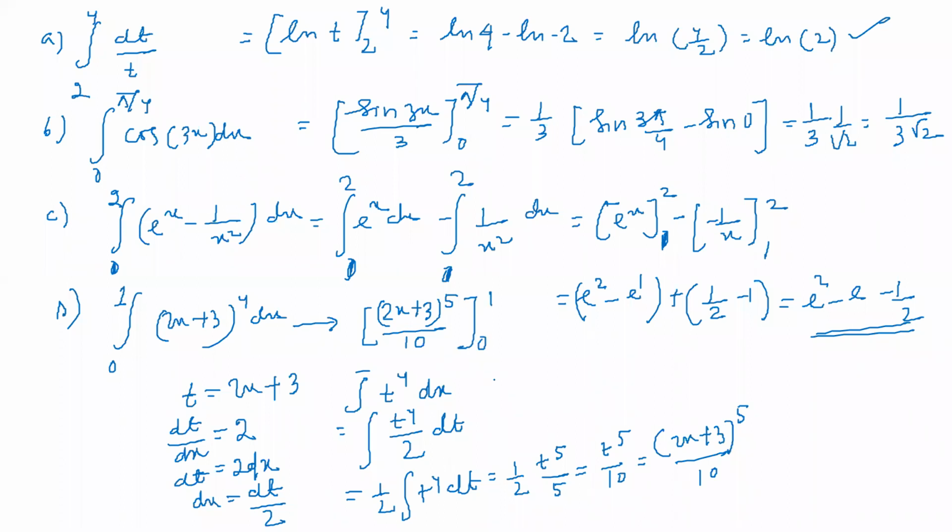We take 1 by 10 outside. In place of x, if we put 1, then 2 plus 3 is 5, so 5 to the power 5, minus, then put 0 in place of x, so 3 to the power 5. Solve this one: 5 to the power 5 minus 3 to the 5, by 10. We got about 2882 by 10 as the required answer to the question.